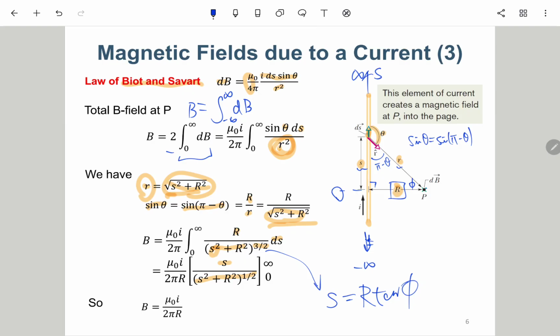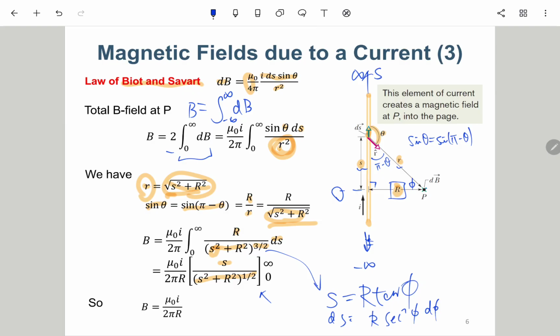So you assume that s to be R tangent phi. So s squared plus R squared will be like R squared times 1 plus tangent squared, which will be secant squared, and then ds will be like R secant squared phi d phi. Okay, so you do the substitution, and then you can finally get this one. You can practice it by yourself for your calculus class, so don't try to go through the whole process.